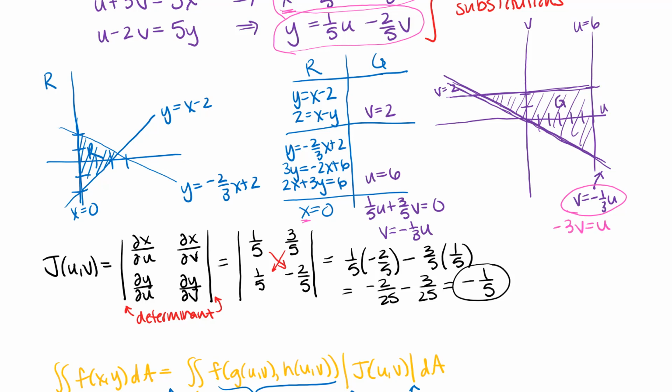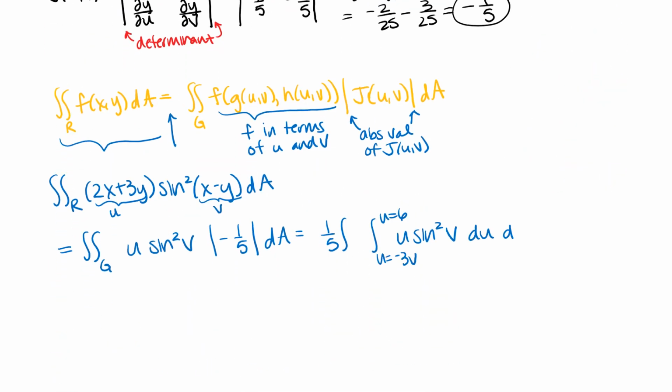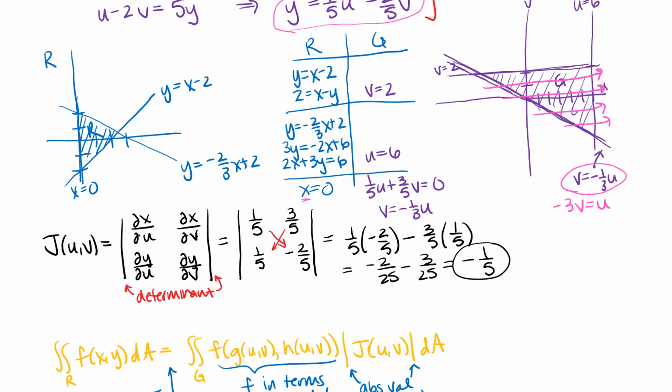Okay, so if I go through this region in the direction of increasing u, I'm going to enter through the line u equals -3v, and I will leave through u equals 6, so I'm going to set that up. And then on the outer integral, if I collapse that back onto the v-axis, I need to look at that interval on the v-axis to think about my v limits of integration.